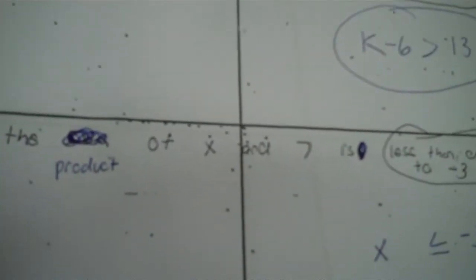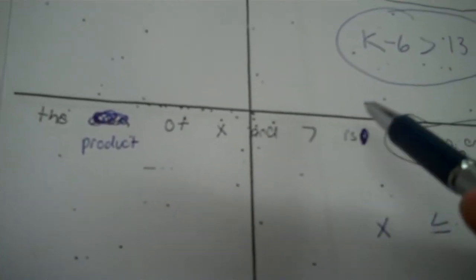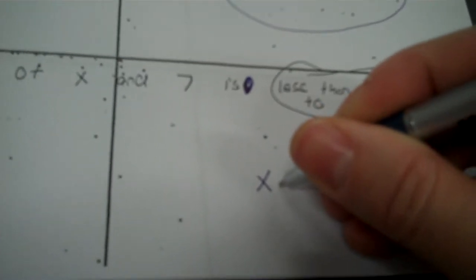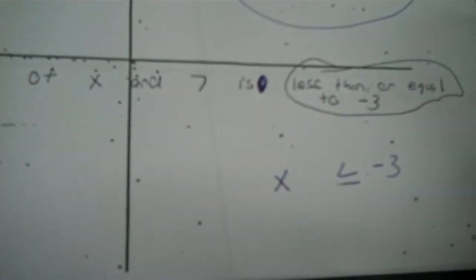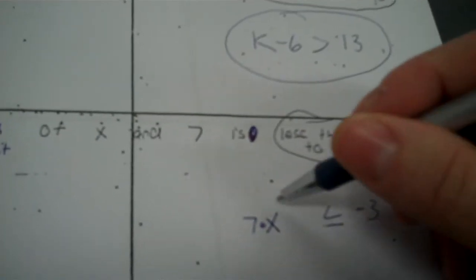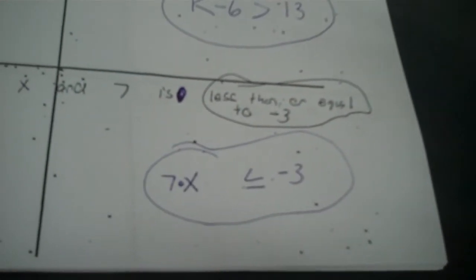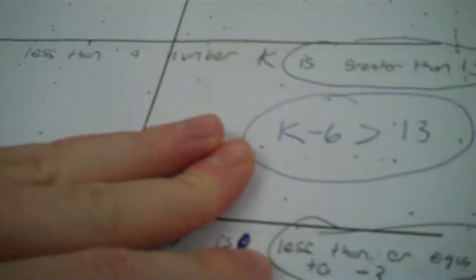Now the variable they want is X. And what's with the 7? Well, it says product of 7. Product means times, okay? You can put 7 in front or behind. It doesn't matter, but the less than you need afterwards, okay? So 7 times X is less than or equal to -3. Product means multiplication.